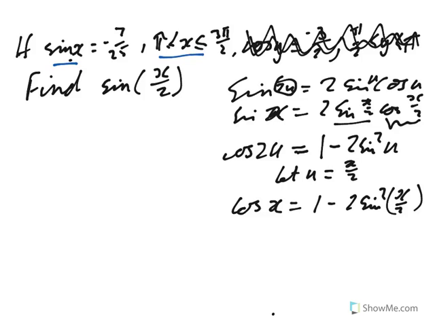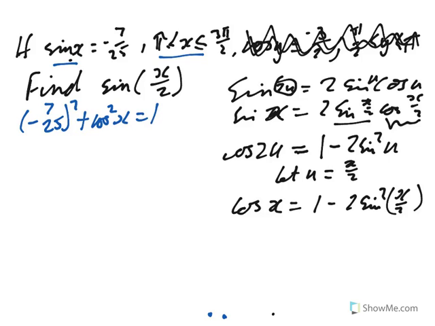So using the Pythagorean identity, negative 7 on 25 squared plus cos squared x equals 1.